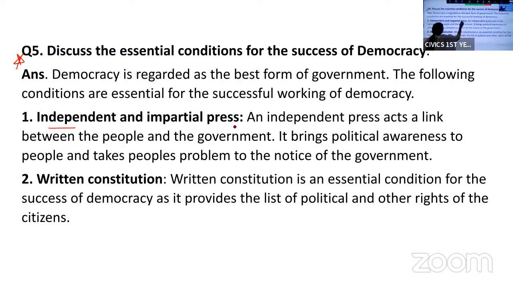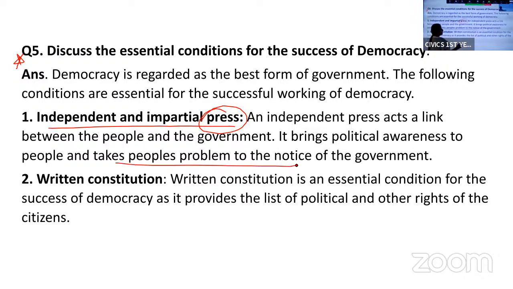Independent and impartial press. Press means your media, newspapers and news channels. They should be free from the control of political parties. The press should be impartial and give the correct information. They should take the people's problems to the notice of the government.